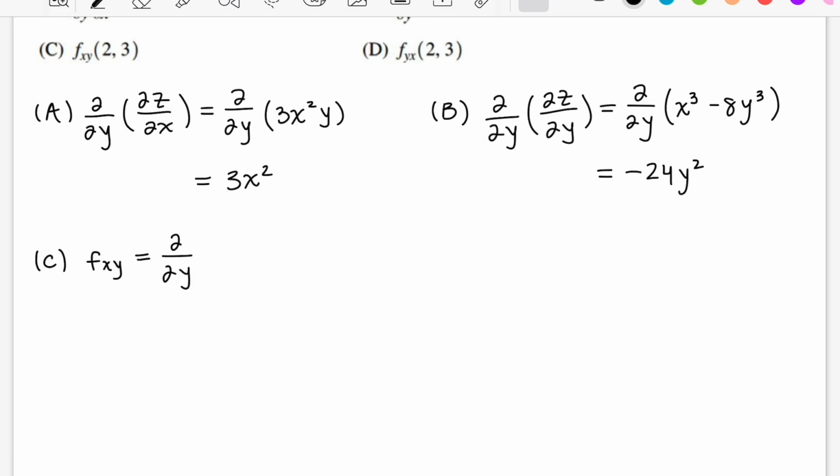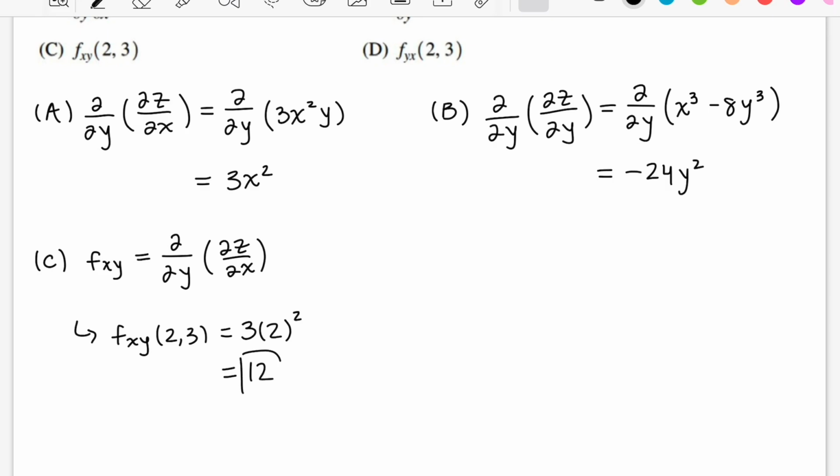So we're going to take the partial derivative of our function with respect to x and then with respect to y. We actually know from part A here that doing that, we're just going to get 3x squared. So this tells us that if we evaluate that at 2, 3 here, we're just going to plug in this value for x. So we'll get 3 times 4, which is equal to 12.